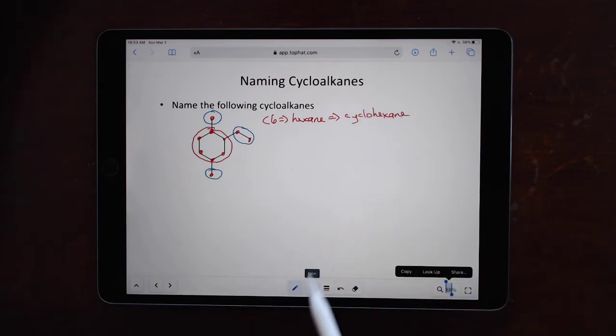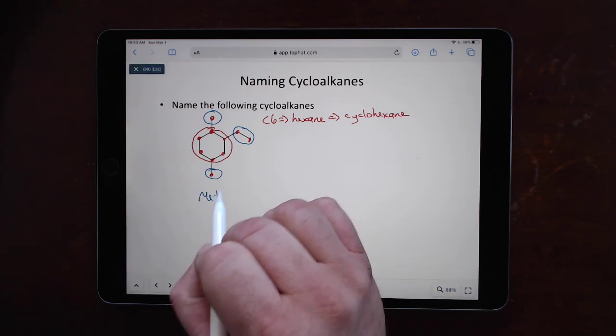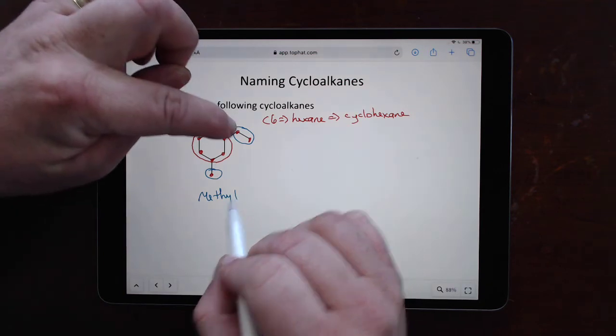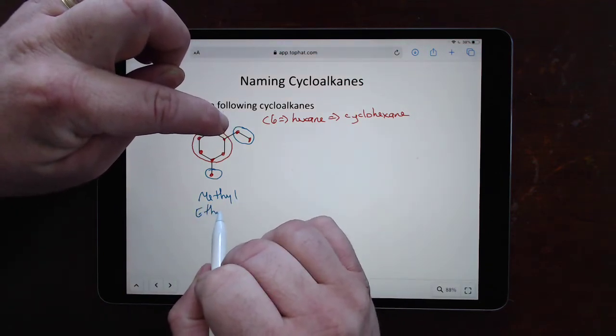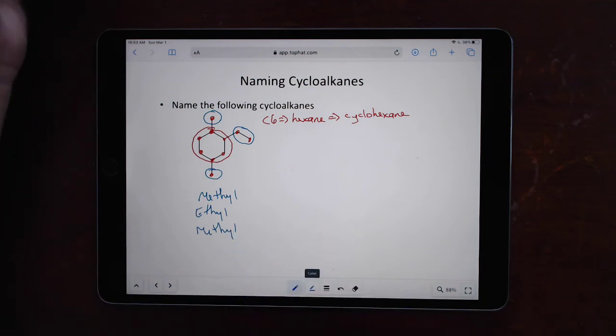That means the side chains are methyl, this methyl, that ethyl, and then this methyl down here. Now we don't know which one's carbon 1, so we're going to give everybody a chance to be number 1.